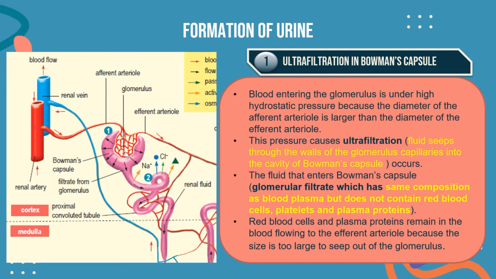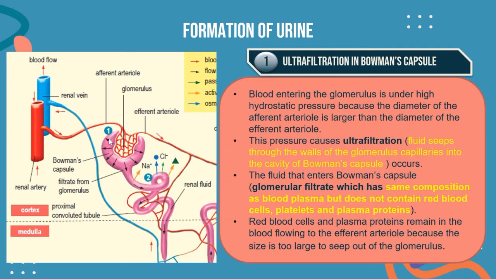This pressure causes ultrafiltration. All right, so it will cause the fluid in the glomerulus to diffuse out from the wall of the glomerulus, entering the cavity of the Bowman capsule.